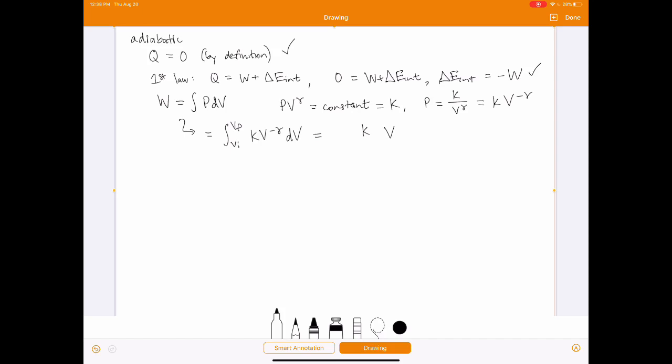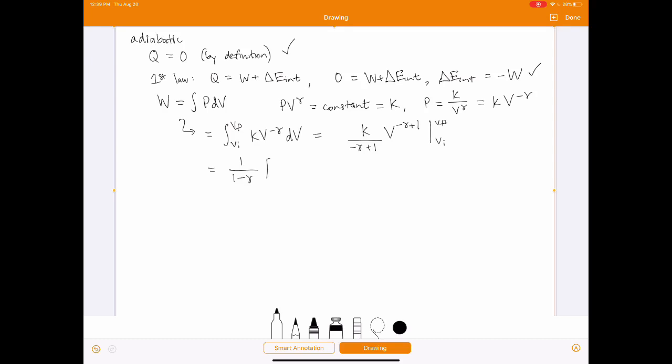If we have the power rule and we're integrating, the idea is we started with a power of minus gamma, but we add 1 to that. That's how we integrate a power rule. And then we have to divide out front by that same power, so minus gamma plus 1. That's how we integrate the function in the integral. And again, we're going to evaluate at the limits V initial to V final. So what we have then is 1 divided by 1 minus gamma.